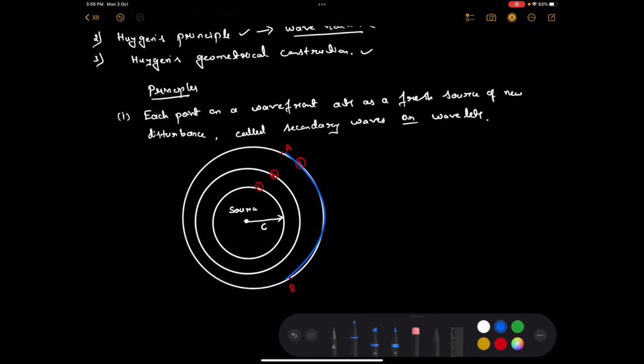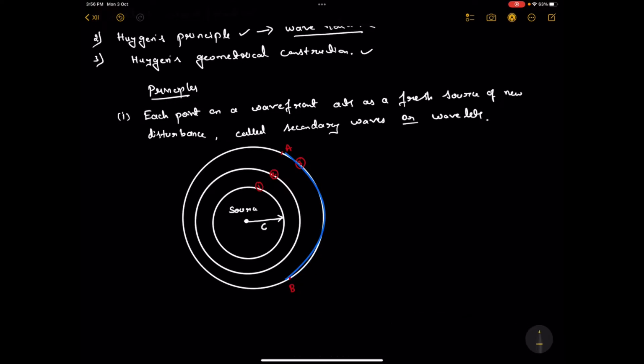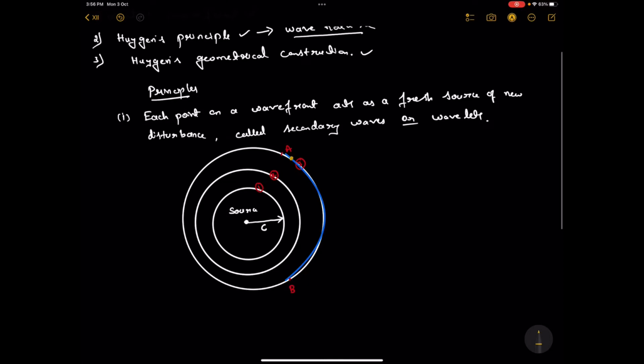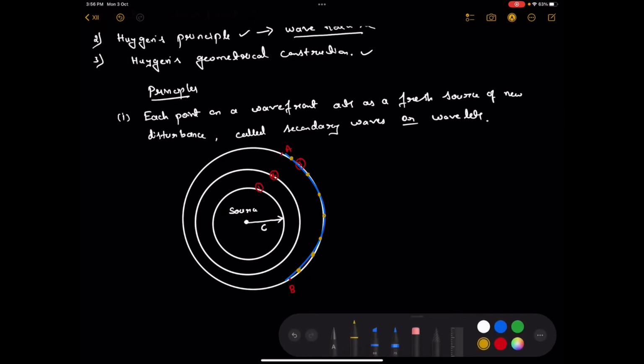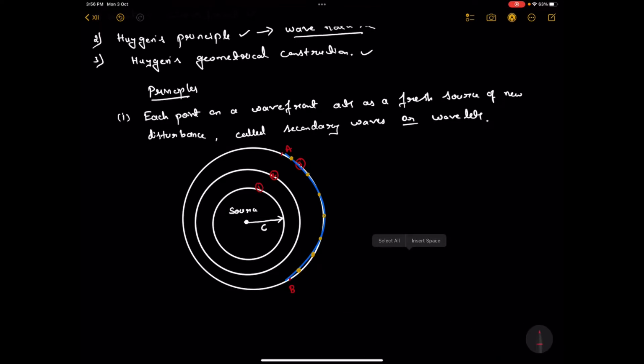Now I will take different points. I will take one point here, another point here. So I go on taking different points. Now each point will act as a source of secondary waves. So each point on this wavefront acts as a fresh source of new disturbance.